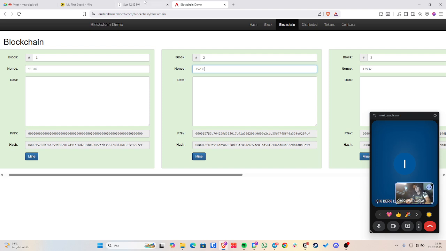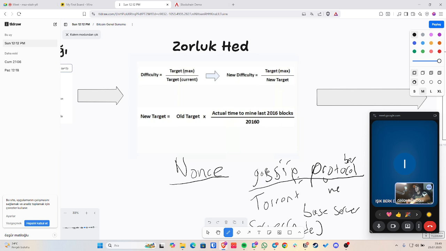So in the formula, the difficulty target is target max, target current, new difficulty target max, new target, old target, actual time to mine 2016 blocks, and this number. We don't have to memorize it, but it's simple. Difficulty is target max divided by target current. New difficulty is target max divided by new target.